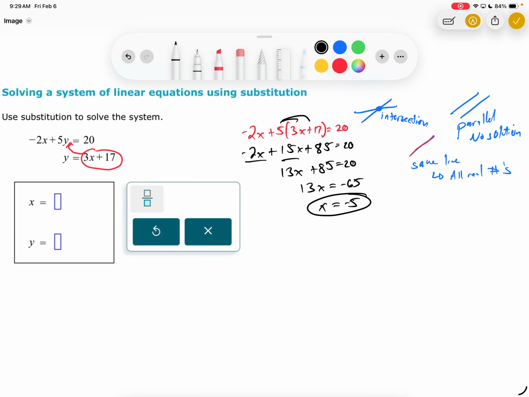Once you get one answer in these, you just take it and plug it in, okay? You can plug it into either equation, this one or this one. It doesn't matter which one. On substitution, it's always easier to plug it into the one that's already solved for. So if I plug in a negative 5 for this x, I get 2. So these intersect at the point negative 5, 2.